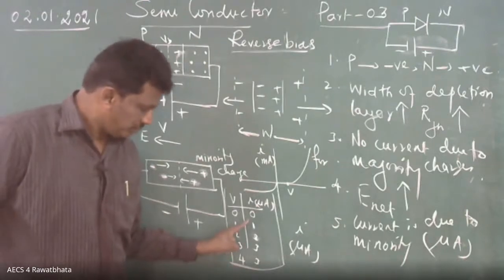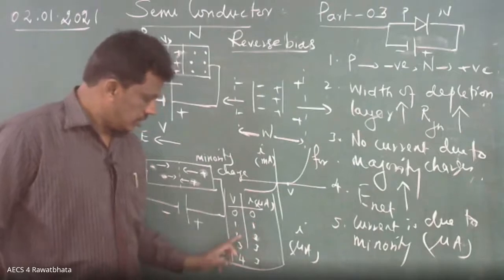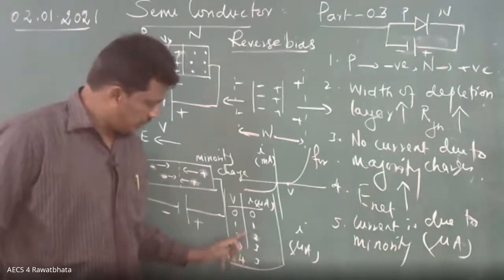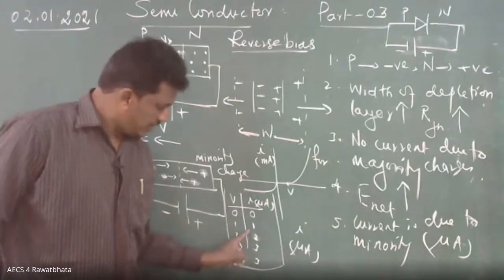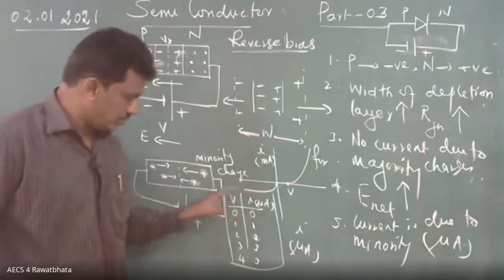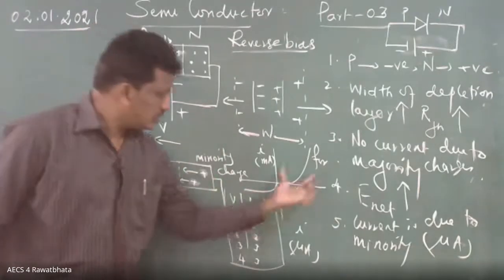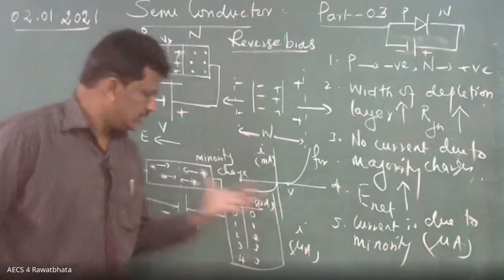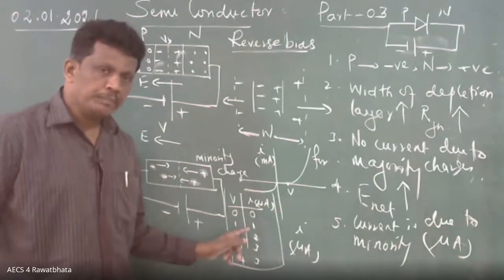See that 0, 0, 1, 1 you got it, 2 you are getting 3. After that, when you increase the applied voltage, no change in the current. The current is saturated. Suppose 3 microampere. So this is forward bias. This is reverse bias. I think the concept is clear to you.